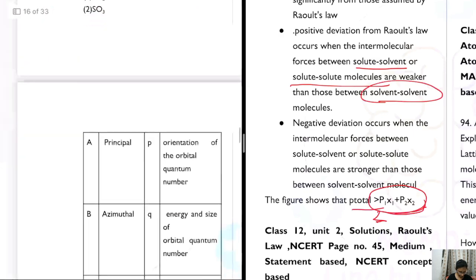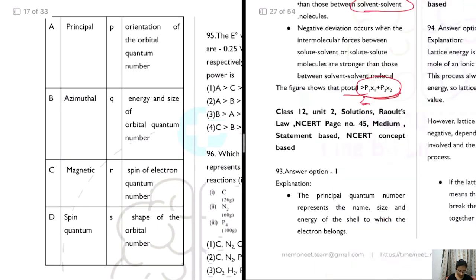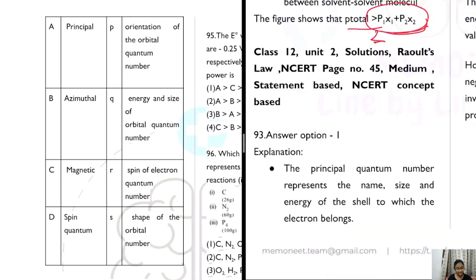Now again, we have to match. See, in this question, let's see firstly what all these quantum numbers signify. Principal quantum number, that is n. It represents name, size, and energy. Like 3 is n, like 3d is an orbital.